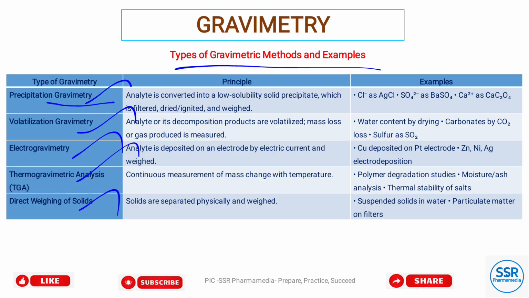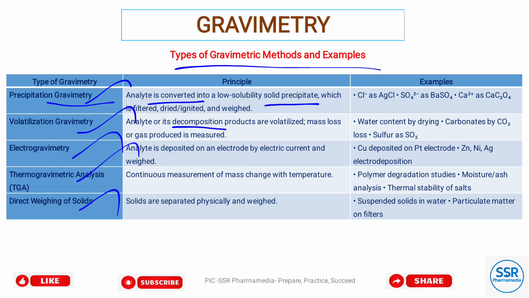In precipitation gravimetry, the principle is that the analyte is converted to a low solubility solid precipitate, which is filtered, dried, ignited and weighed. In volatilization, the analyte or its decomposition products are volatilized and the mass loss or gas produced is measured.